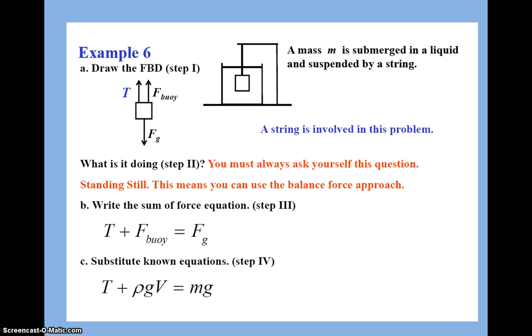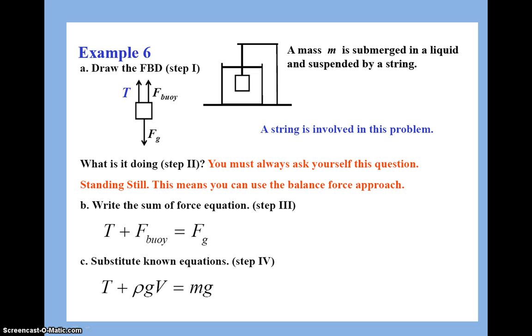Now we can also incorporate some other forces. So in this case we have an object that is suspended by a string in a fluid. So instead of just having two forces, we have three forces, but we still have this idea of equilibrium because it's not moving. So we would have the gravitational force down, and we would have the tension up and the buoyant force up.